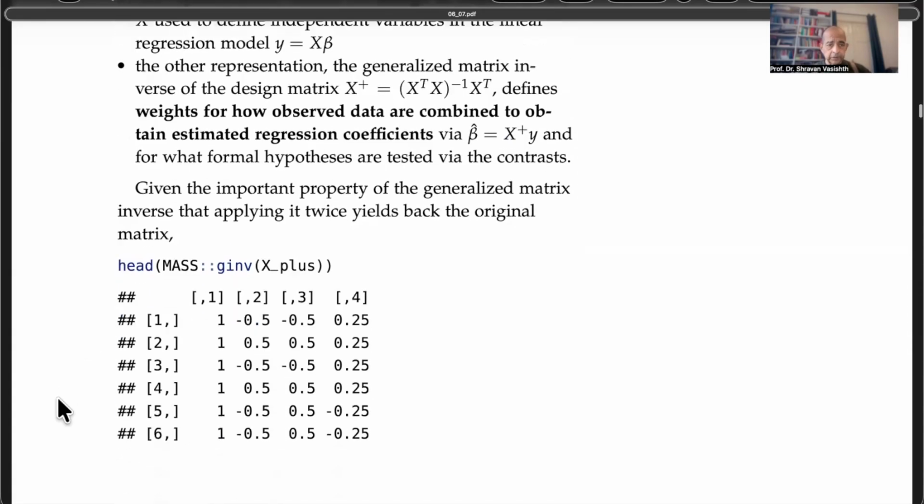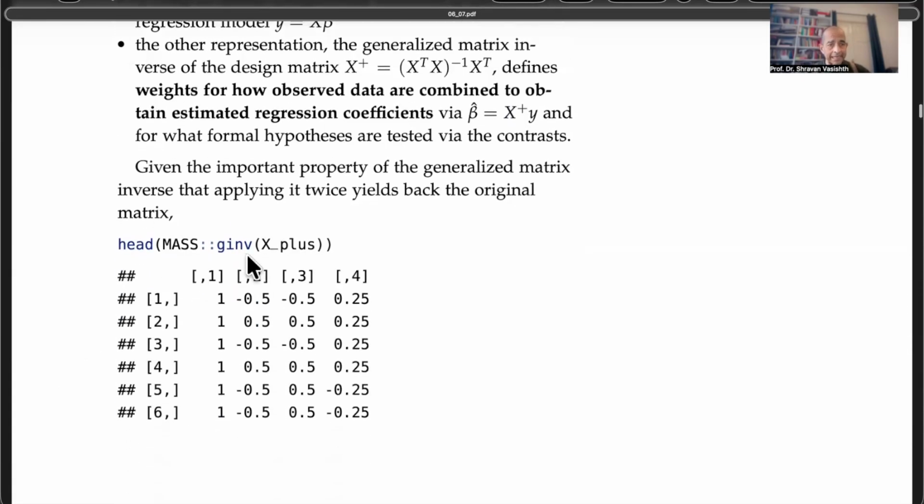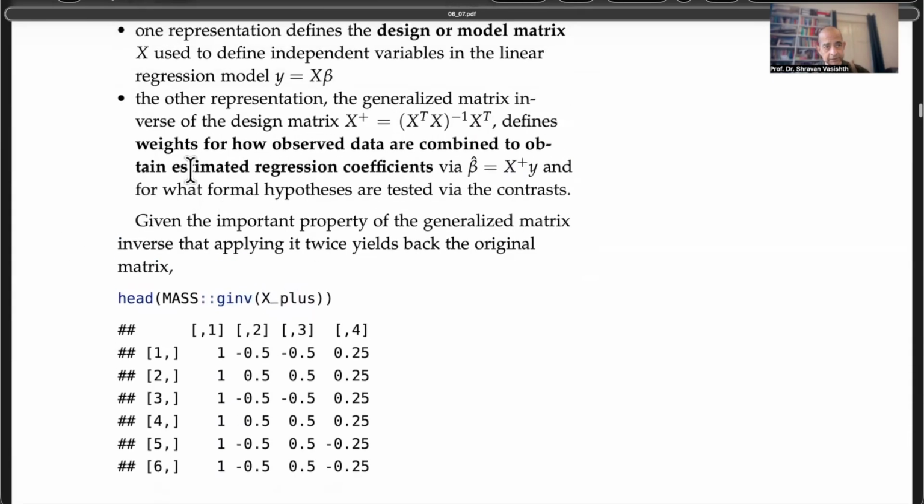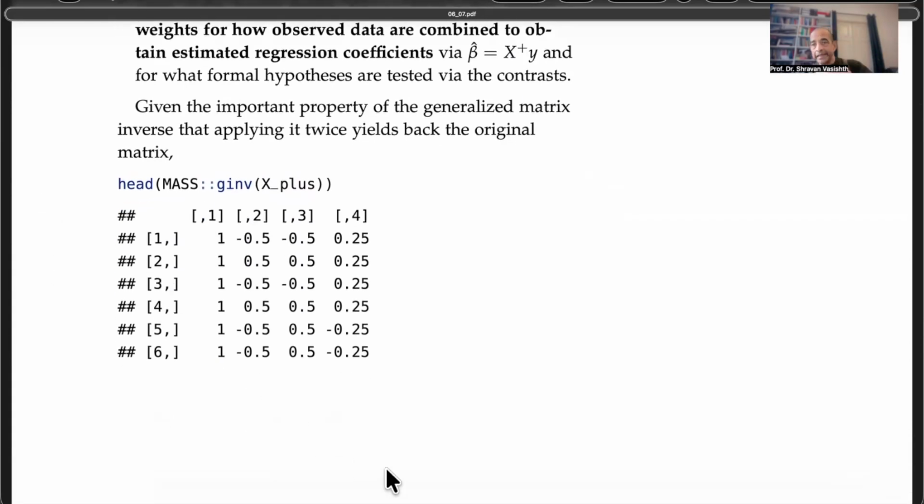But just to get a preview, if we take the X plus matrix, which contains these weights for how the data are combined to obtain the estimates of the regression coefficients, and we invert that matrix, what we end up with is the contrast coding that we laid out at the beginning of the data analysis, right?